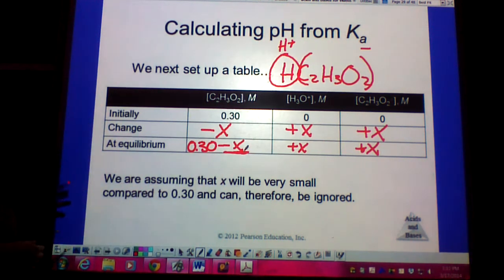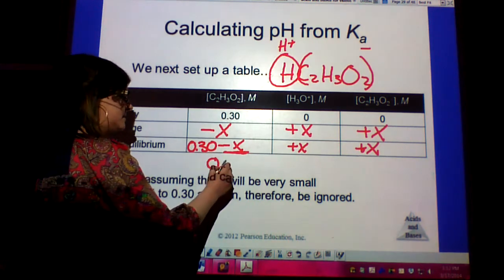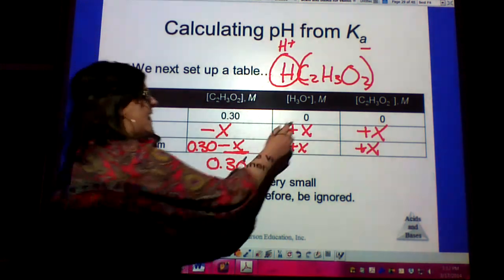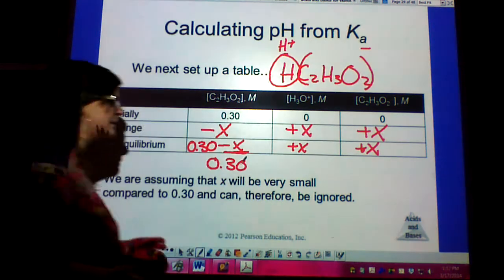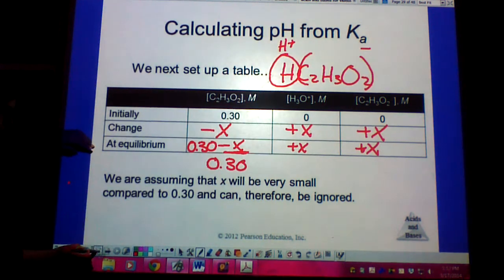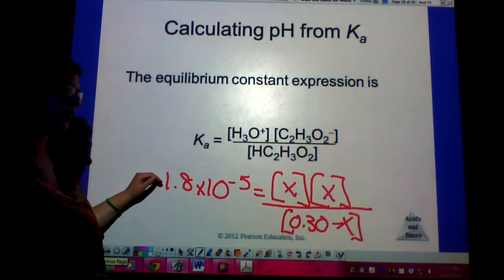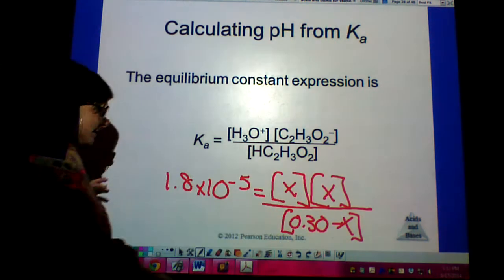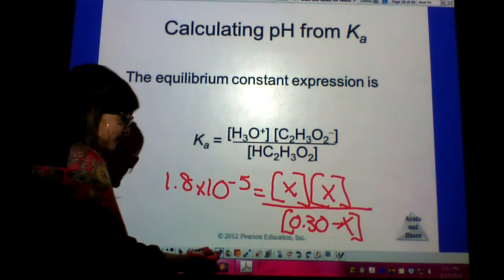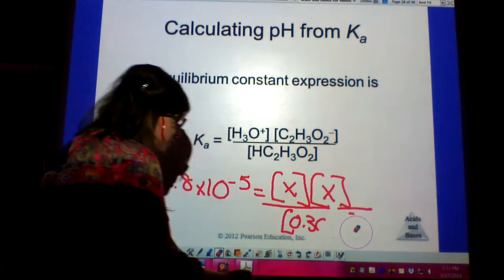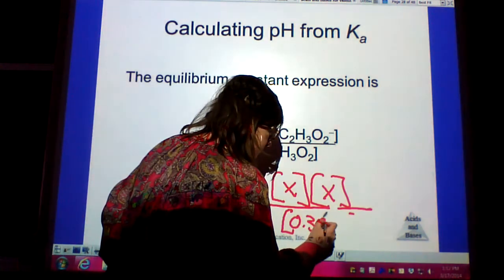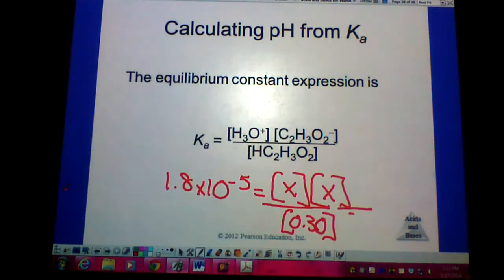So this just becomes 0.30, and this becomes X, and this becomes X. I can plug back into my equilibrium expression: X squared, and instead of 0.3 minus X, it's just 0.3. Now this makes it a lot easier to solve.